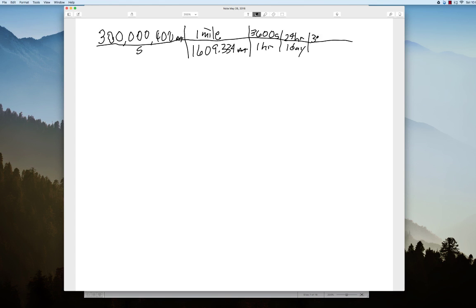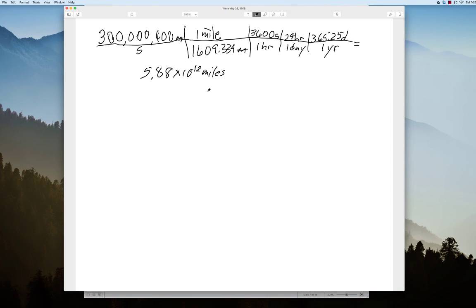And 365.25 days in 1 year. 8 times 10 to the, 1, 2, 3, 4, 5, 6, 7, 8, 9, 10, 11, 12. So a light year is 5.88 times 10 to the 12th miles.